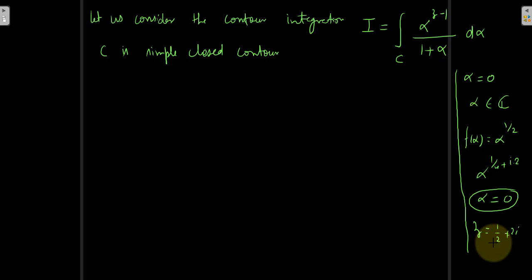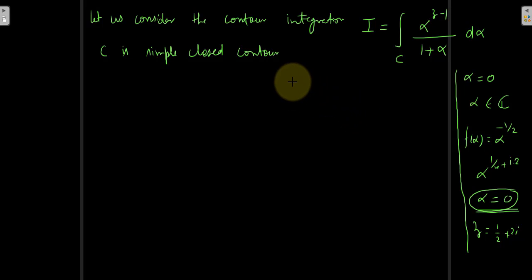If you find the real part of z, that real part is 1 by 2 here. So if you put this 1 by 2 here, you are going to get alpha to the minus half, right? So alpha to the half or alpha to the minus half, in all these cases alpha equals 0 is a branch point.